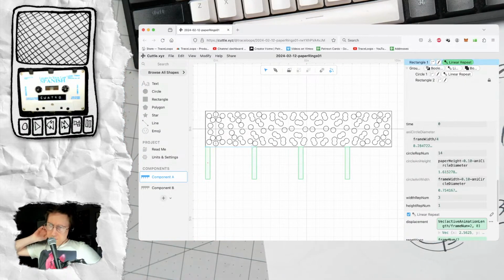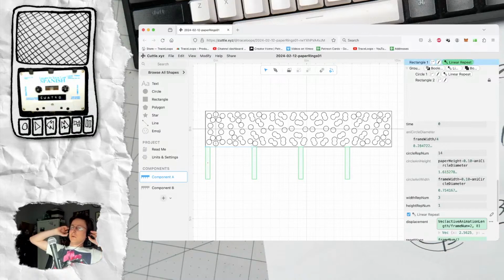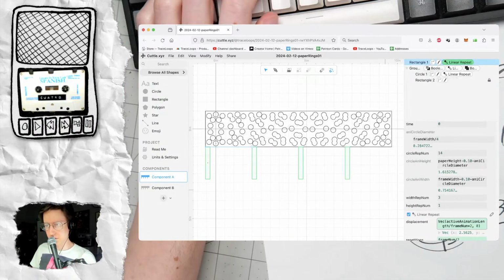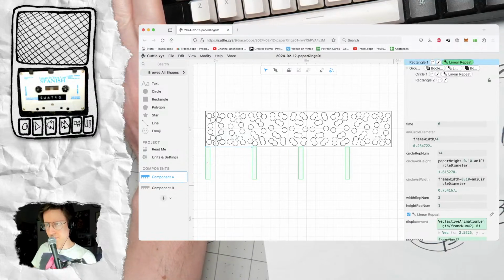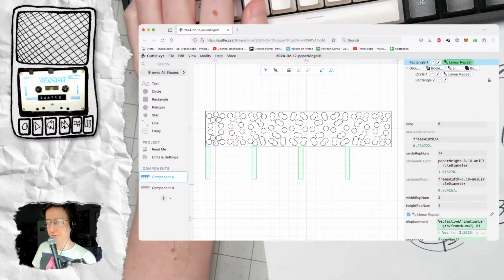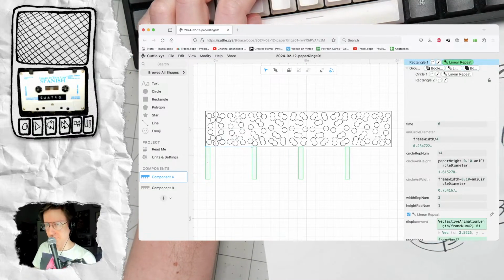Right. These should be equidistant. It's not super important at this point, but okay. These are constant. The other guys will only be on one of them.